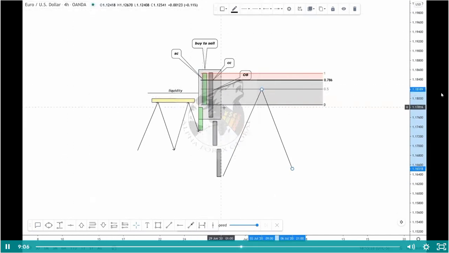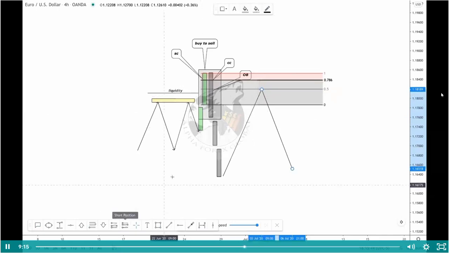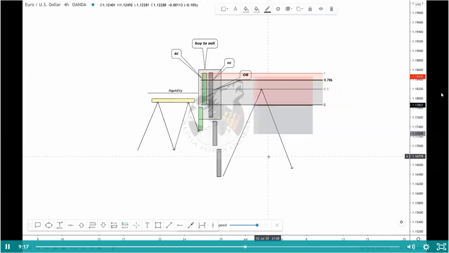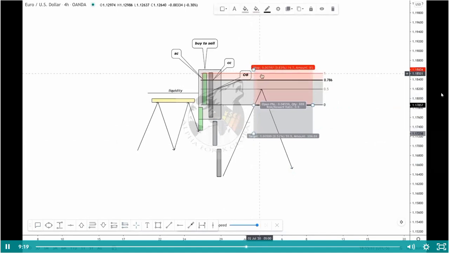So if we get a point of interest, say on the 4 hour time frame, we don't just take our entries when the market comes back, because what if you should take your entry here, look at this stop loss. This stop loss would be 74 pips, and we can't have that.